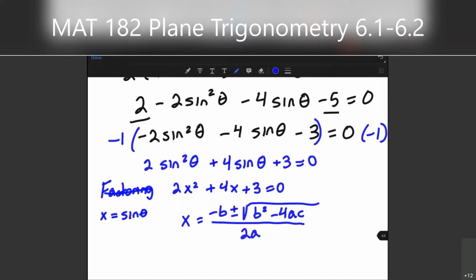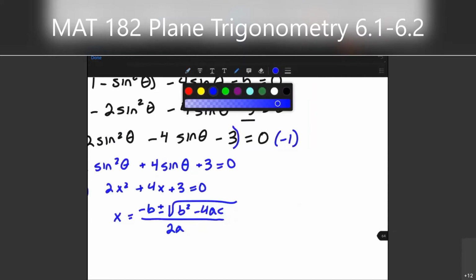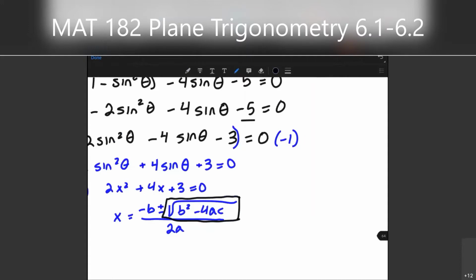For this purpose, I'm going to center in on that square root for just a moment. I want to double check that this square root is going to give me a real number solution, so I want to make sure that it actually gives me a positive number inside. What is the b value in this equation?